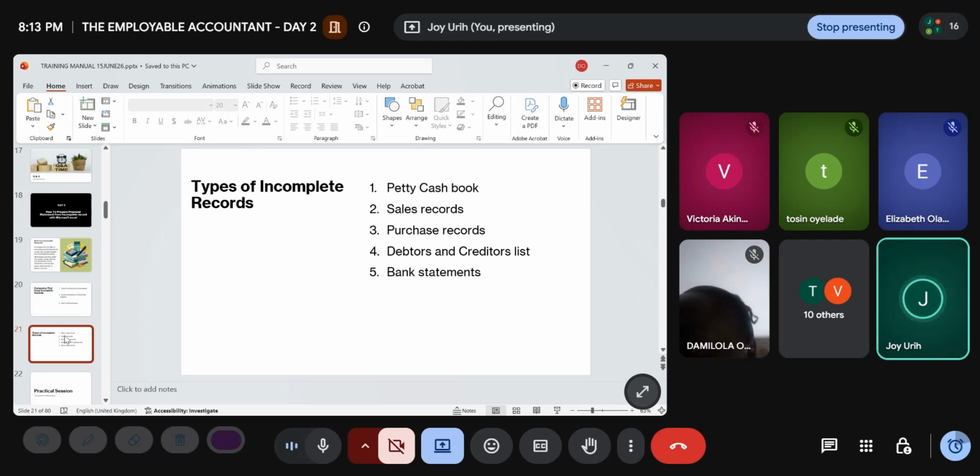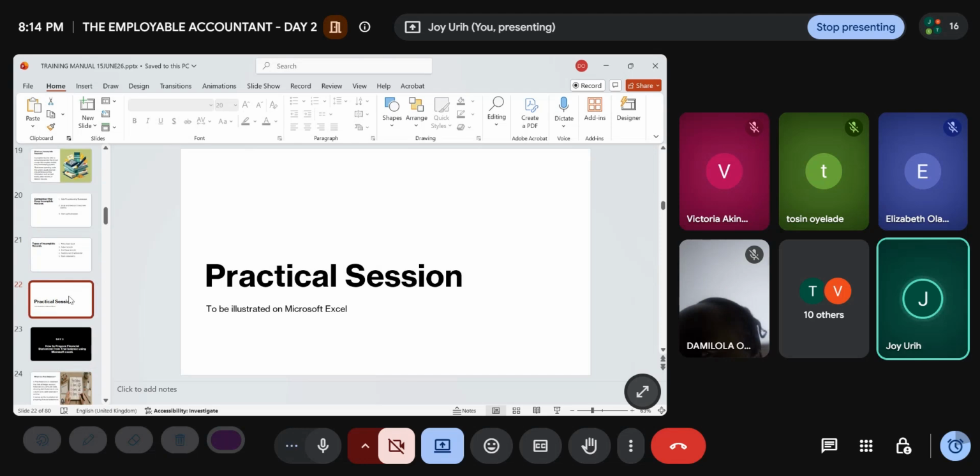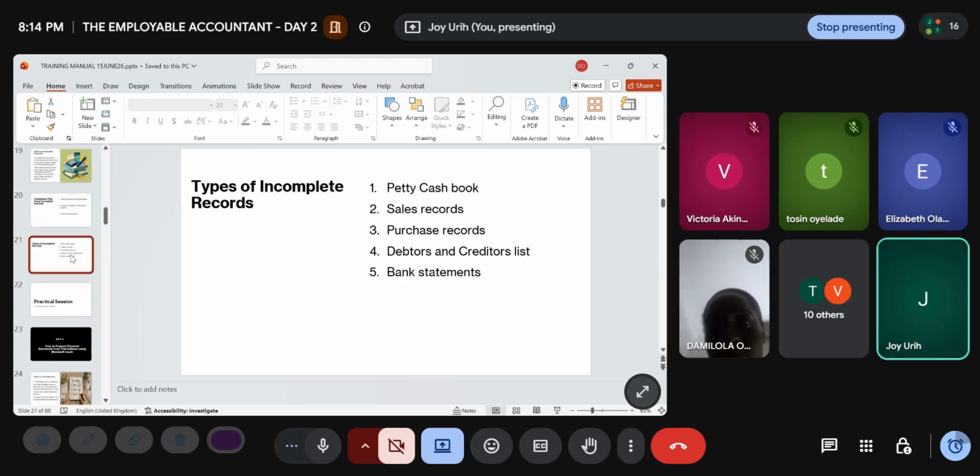So they always put a narration whenever they transfer money for maybe purchase of goods or payment of any services. So for tonight, we are going to start this training with bank statements, preparing financial statements with bank statements. By tomorrow, we are going to build it up by bringing in other incomplete records like petty cash and debtors lists and the rest.